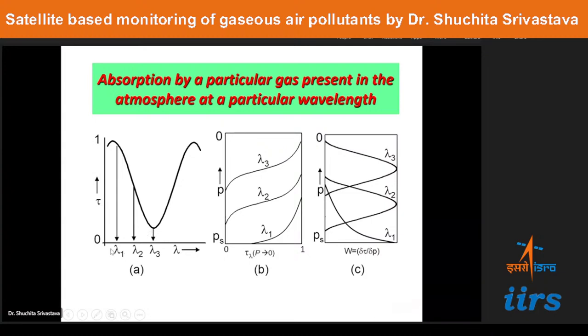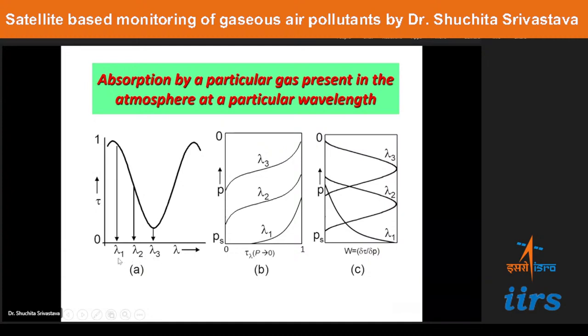And if wavelengths are not strongly absorbed, like λ1, then transmittance will be close to 1, right? So here, 3 wavelengths are chosen in one absorption band of an absorbing gas: λ1, λ2 and λ3.